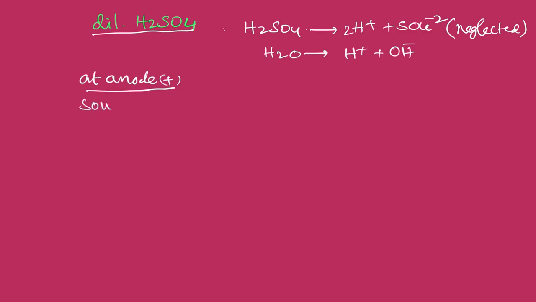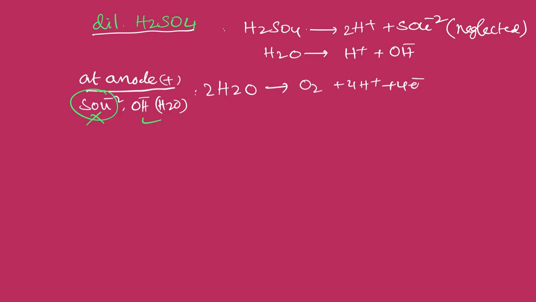SO4 2-, and the next one is OH-, from water. This one is a negligible amount, therefore only this is considerable. Therefore the reaction that takes place is H2O converting into O2 plus 4H+ plus 4 electrons, balanced, 1.23 volt.